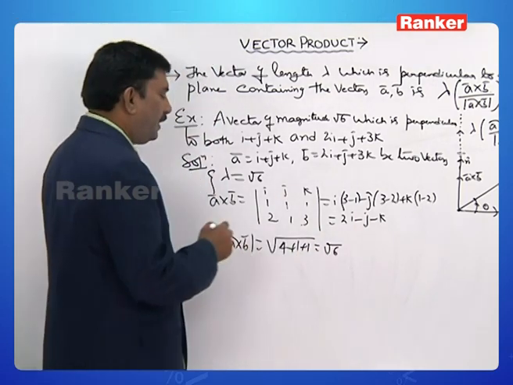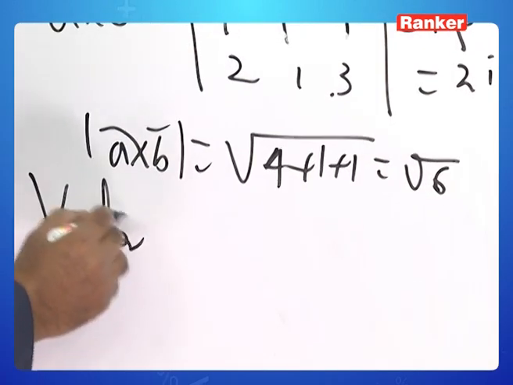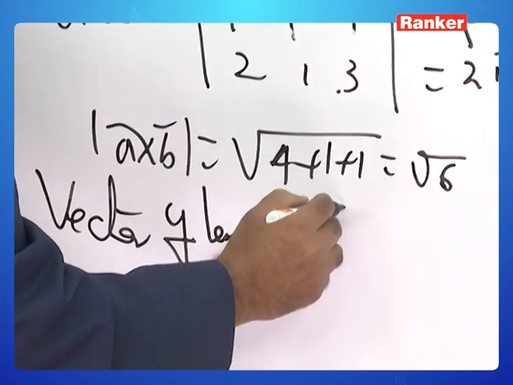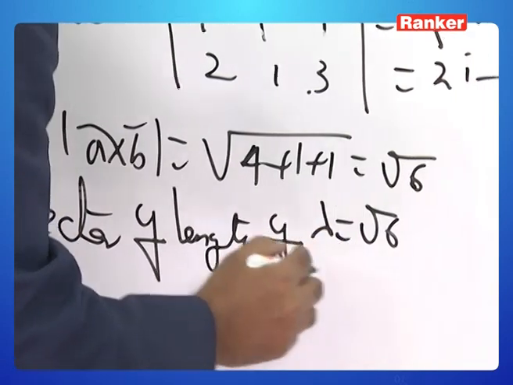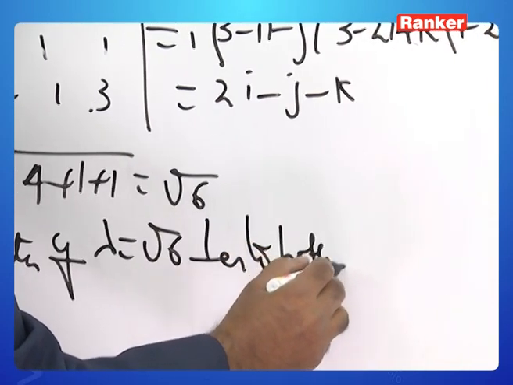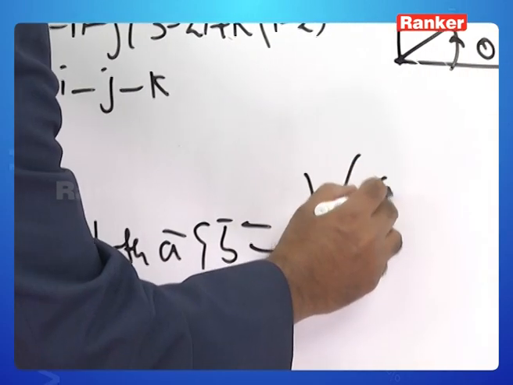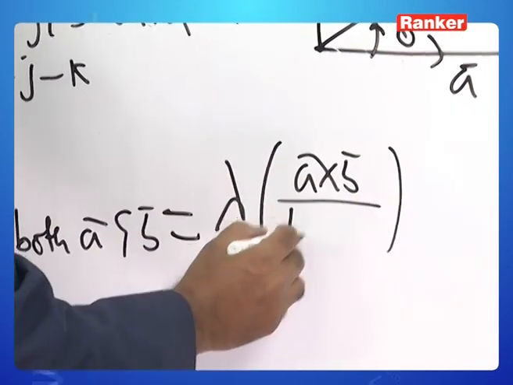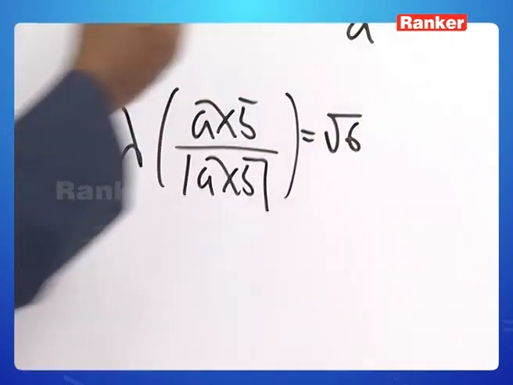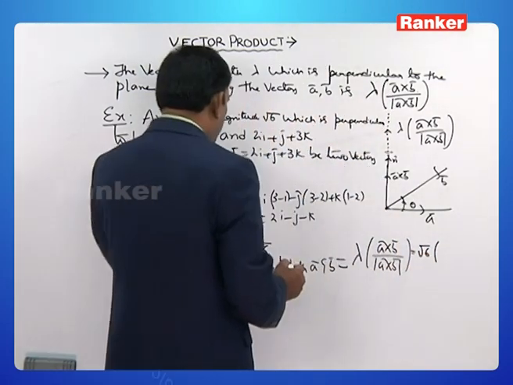I want the vector of length lambda. I can write lambda is equal to root 6, perpendicular to both A bar and B bar, is equal to lambda into A cross B by modulus of A cross B. I can write lambda is equal to root 6 into A cross B. What is A cross B?